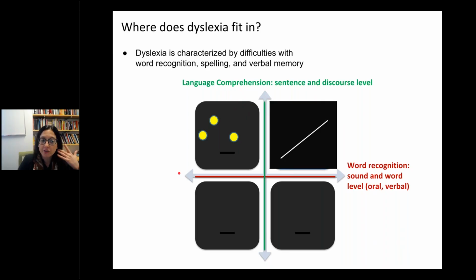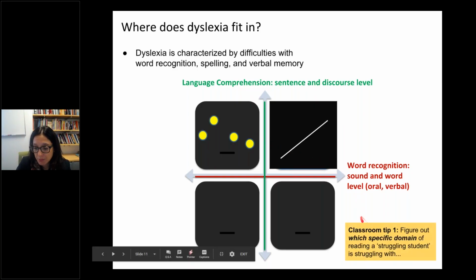So that means they can understand something like Harry Potter, but they might not be able to read something like "the cat sat on the mat," right? And so that's where they would fall on this graph. Because again, the main thing to take away here is reading isn't just one thing. It's composed of word recognition, reading words on the page, but also language comprehension.